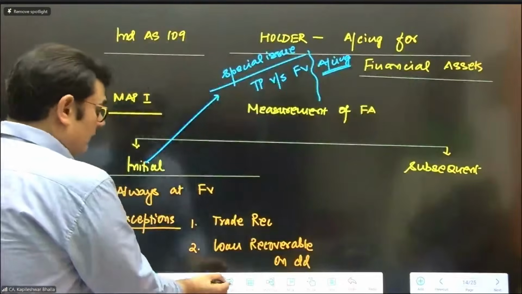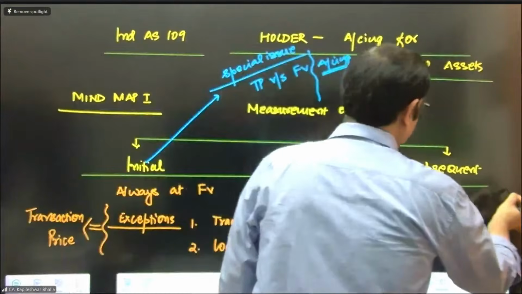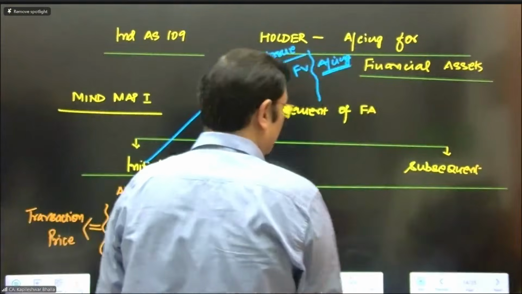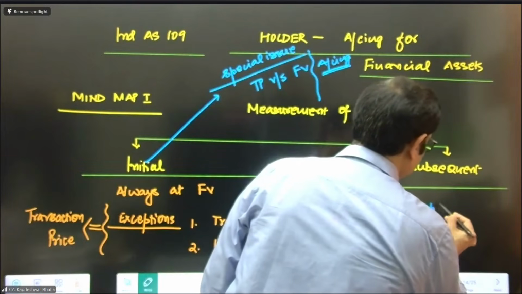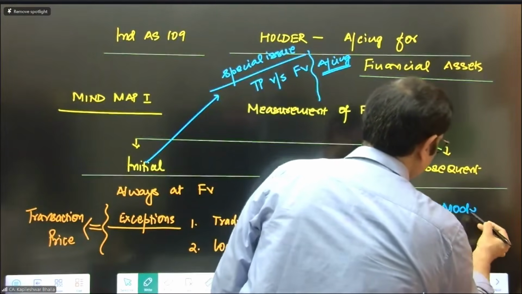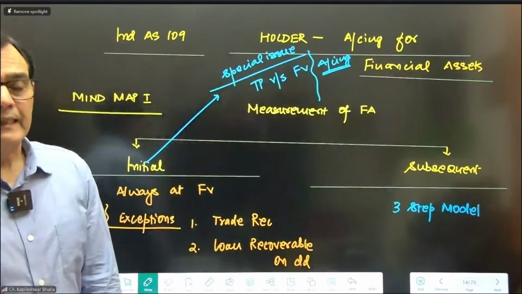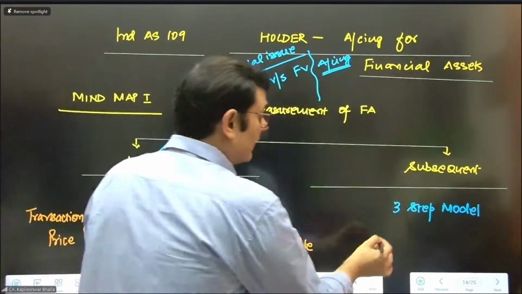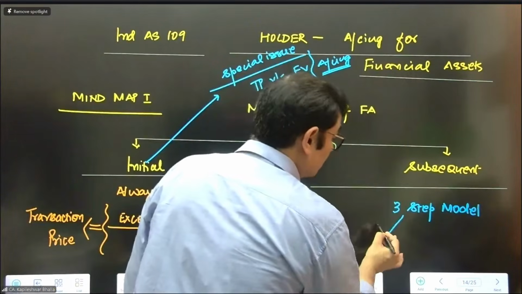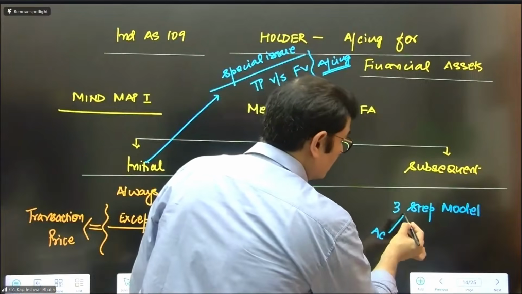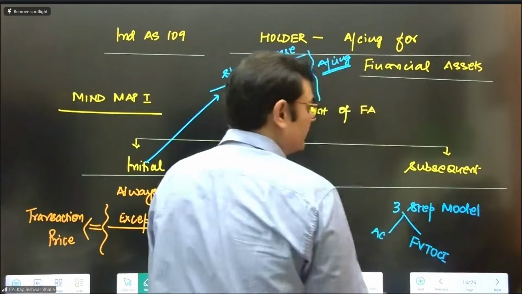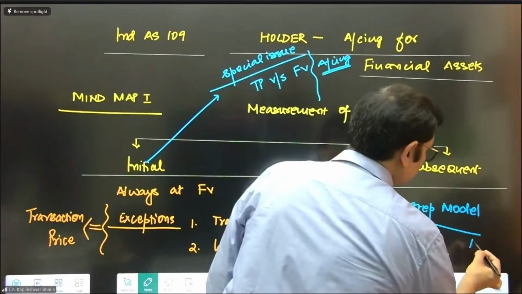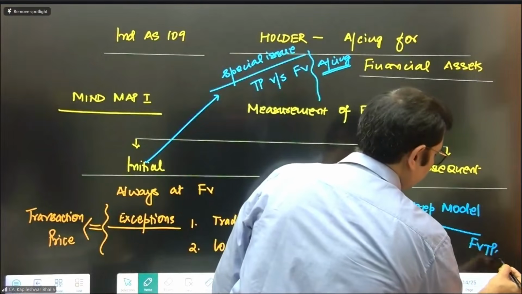Next, coming back to the concept of subsequent measurement, if you've seen the regular classes, I have already given you that the procedure depends upon a three-step model. Just to put the gist, either the measurement is based on amortized cost, or at fair value through other comprehensive income, or at fair value through profit and loss.